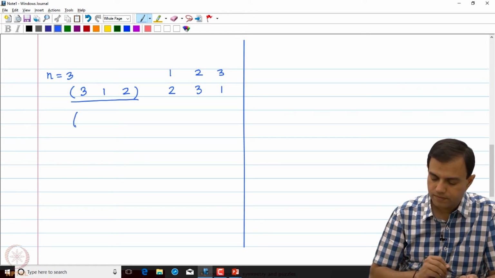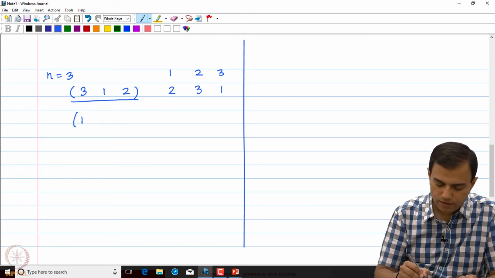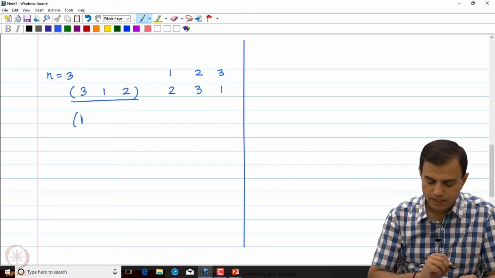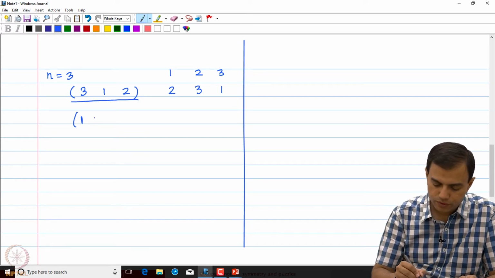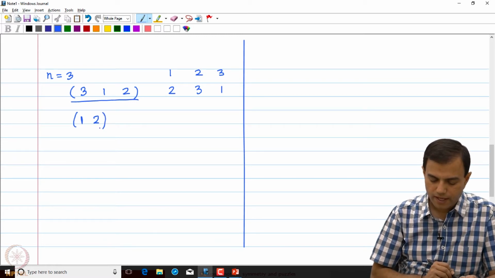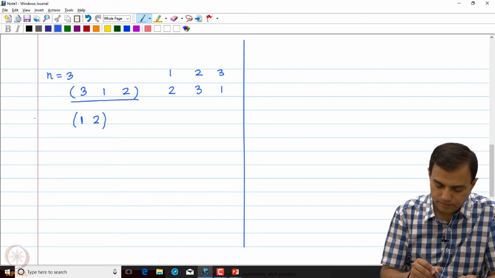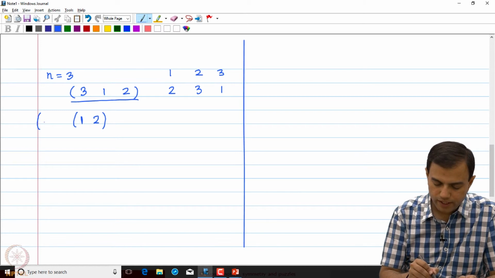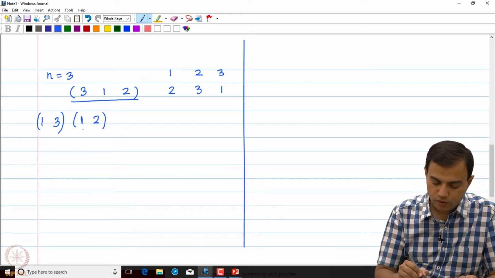So I start with 1. What is happening to 1? 1 is going to 2. I just close it, and then I write (1 3). So 1 goes to 2 and here nothing happens to 2. So eventually 1 goes to 2.